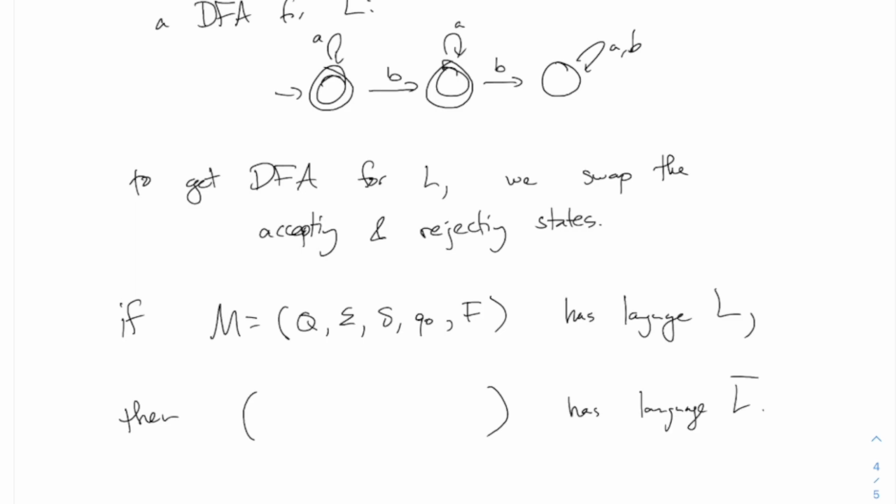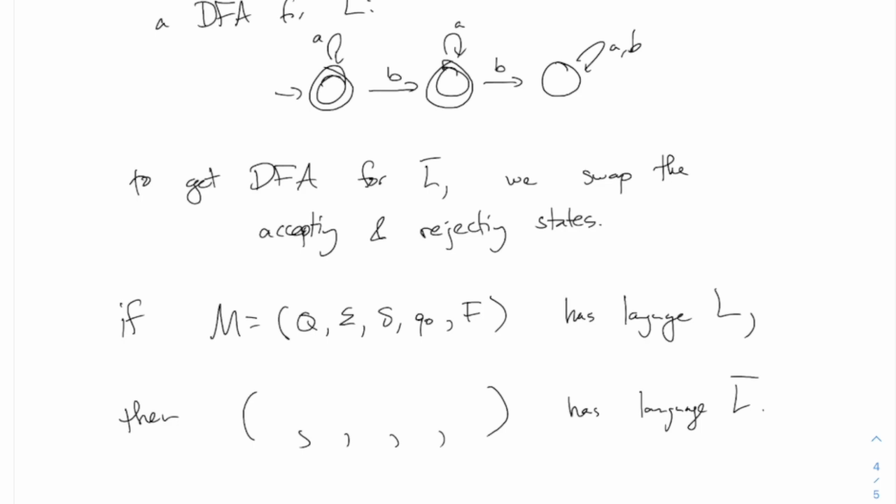I'm going to write the 5 parts again. Now, some of them are going to change around because I'm changing the DFA around. The point is, to get a DFA for L bar, we swap the accepting and rejecting states. If you want to write this more formally, if I have a DFA for language L, can I write the 5 parts out for the DFA which will have language L bar?